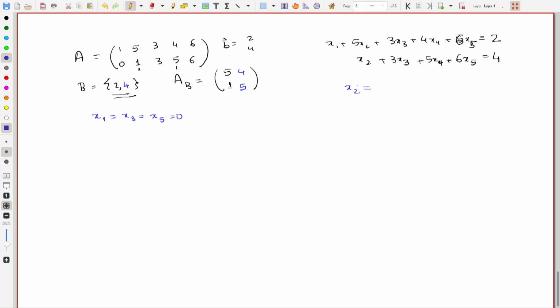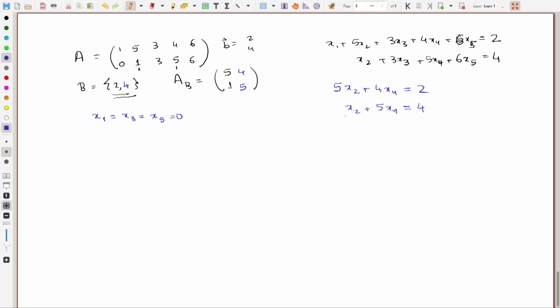So, what we get is 5 x 2 plus 4 x 4 is 2, and x 2 plus 5 x 4 is equal to 4. Actually, in my thing I had 14 and 7, but okay. So, let us see if this works.